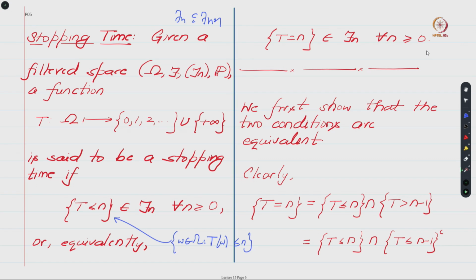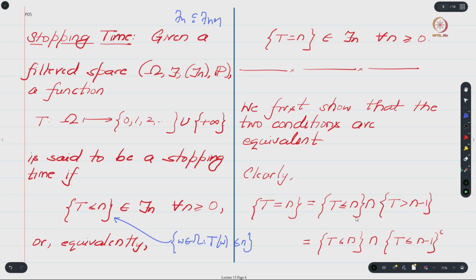I want to give an intuitive explanation of what this means, but before we do that, let us quickly see why this condition and this condition should be the same. First let us presume that this is true, and using this we will show that this statement holds. I hope you agree that the event T equals n is equal to the event T less than or equal to n intersection T strictly bigger than n minus 1.